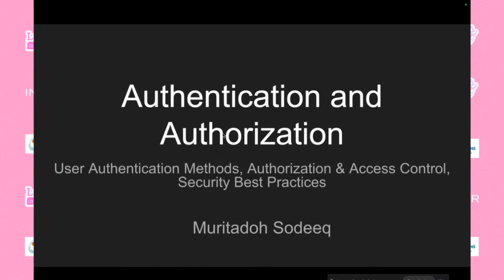We're going to talk about authentication and authorization, that is user authentication methods, authorization, access control, and security best practices. These are the things we need to have in mind when we are building a system. When you're working on the back end, system security is the most important thing you need to keep in mind when you are designing. And for you to be able to consider it, you need to actually understand how it works. So this is what we are going to cover.